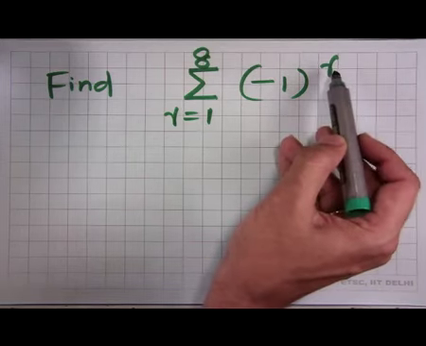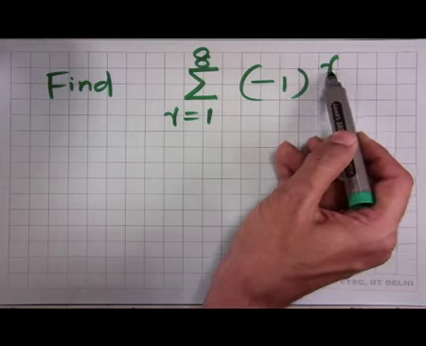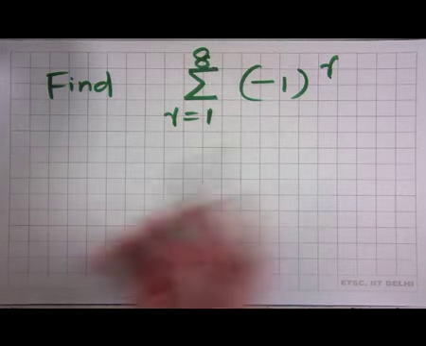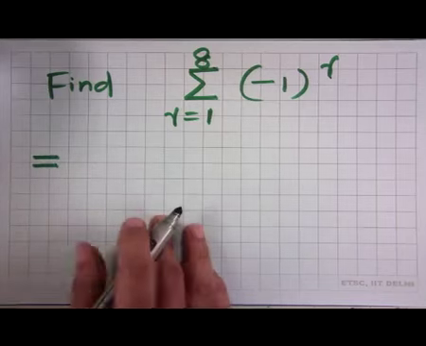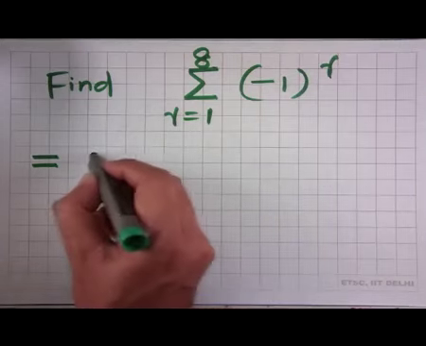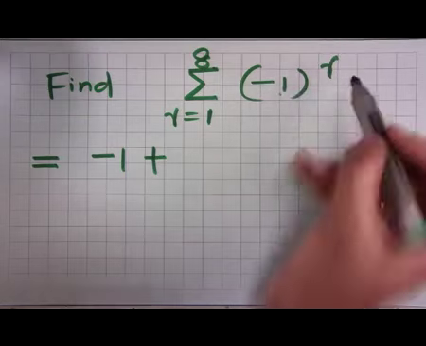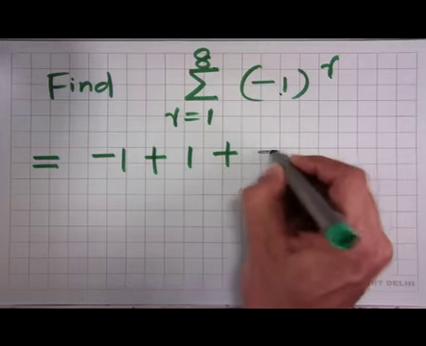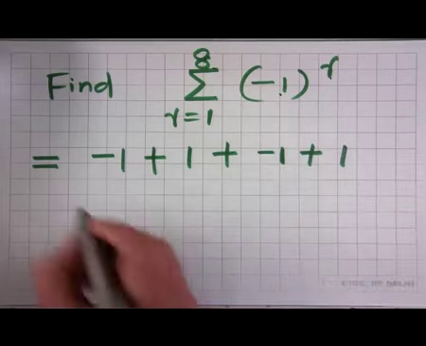In this example, the index is r, the lower limit is 1, the upper limit is 8, and this summation denotes minus 1 power 1, the first term, which is minus 1, plus minus 1 power 2, which is 1, plus minus 1 power 3, which is minus 1, plus minus 1 power 4, which is 1, and so on.